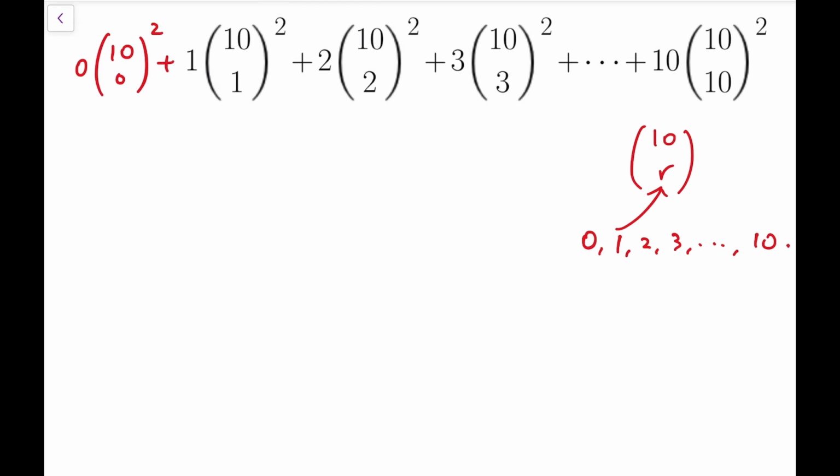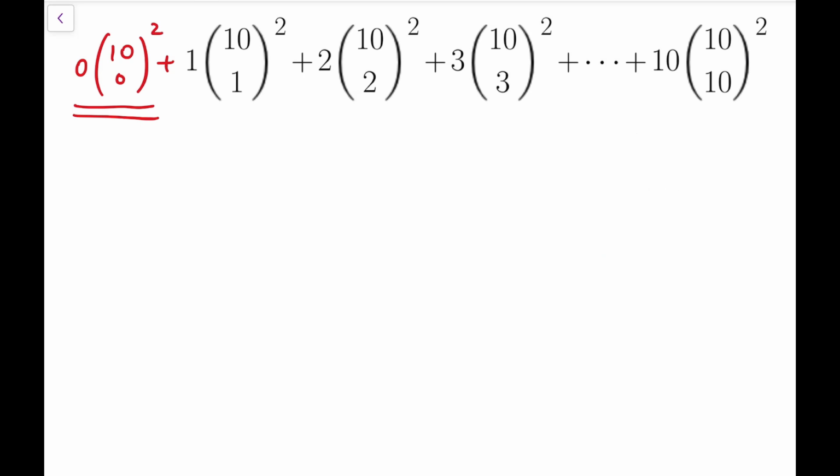So now the new sum involves all binomial coefficients of the form 10 choose R. Fortunately, this term is not going to add any extra value to our original sum, because 0 times anything is just 0. But we've managed to create some sort of symmetry within the sum.